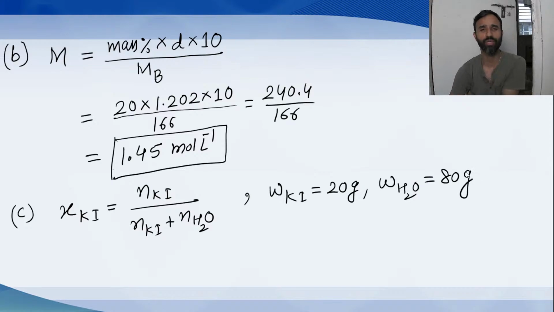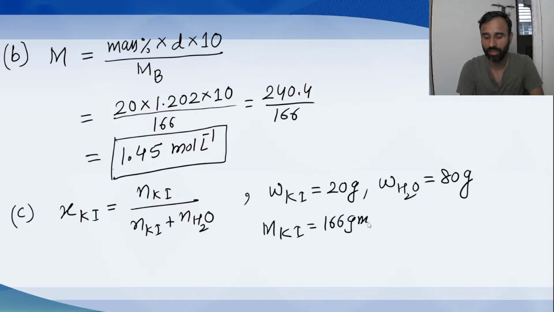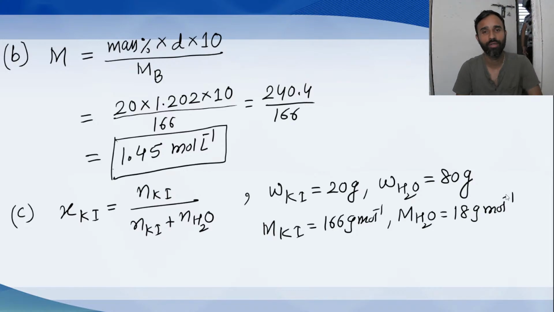From the percentage we calculated, 20% of KI is given. That means 20 gram of KI in 100 gram of solution, that means 20 gram of KI in 80 gram of water. You know molar mass of KI, it is 166 gram per mole. Molar mass of H2O, that you also know, 18 gram per mole.